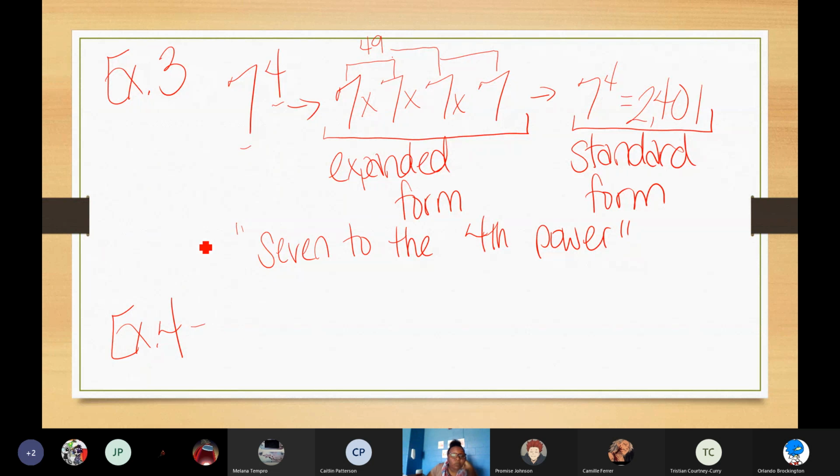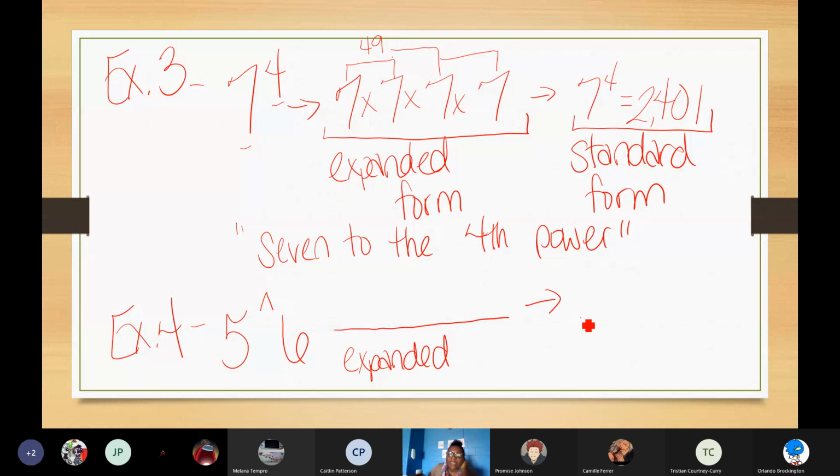Example 4. Please write this in expanded form and write this in standard form.